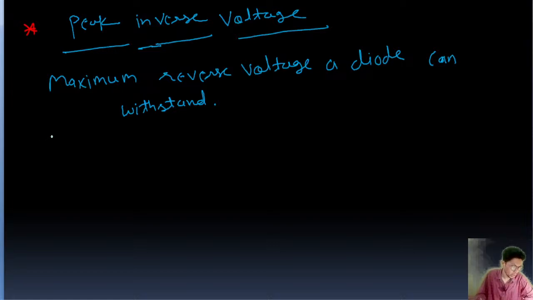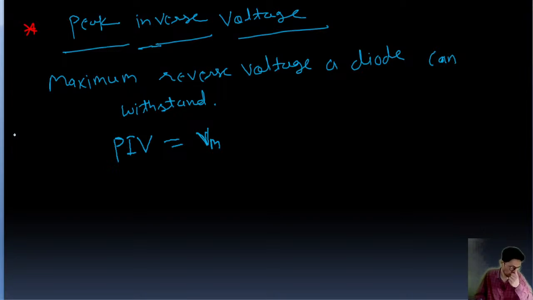Okay, and peak inverse voltage we can write in short as PIV, and that is equal to Vm, input voltage Vm, in case of half wave rectifier.